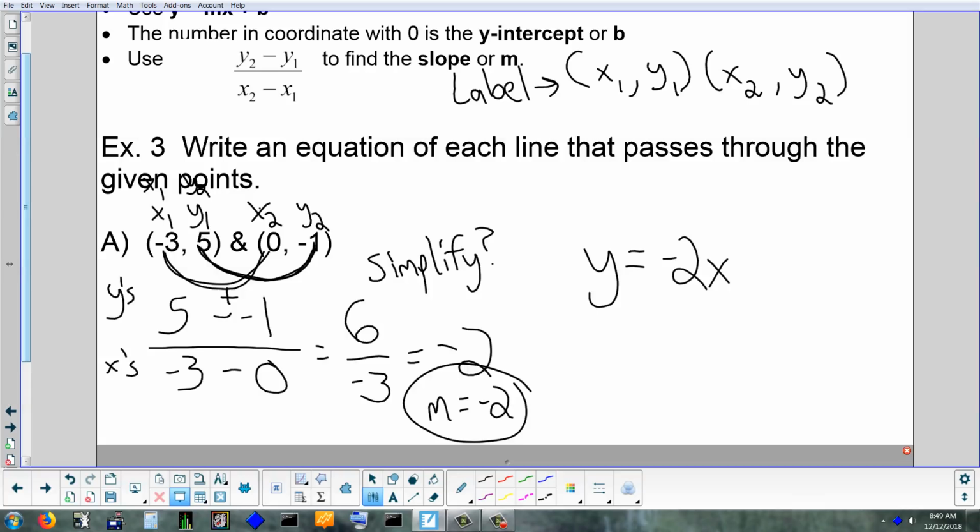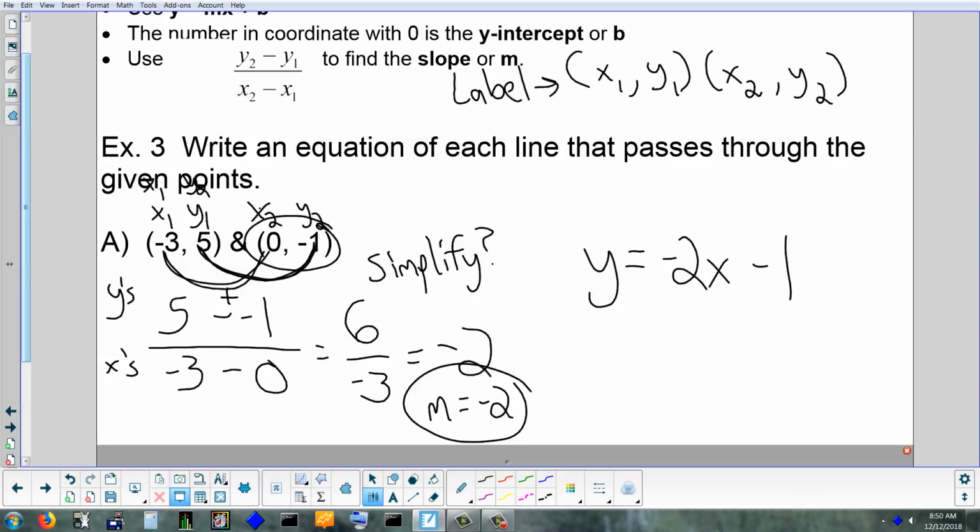That second bullet: the number in the coordinate with the 0 is the y-intercept. So which coordinate has 0, the first one or the second one? The second one. So Matt just told me my second coordinate has the 0. The other number is the y-intercept. What's the other number, Matt? -1. That's how simple it is.